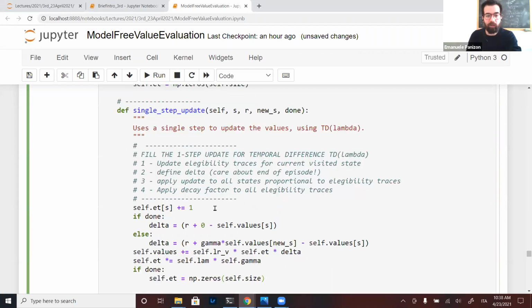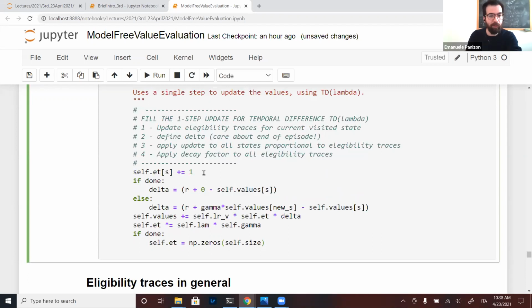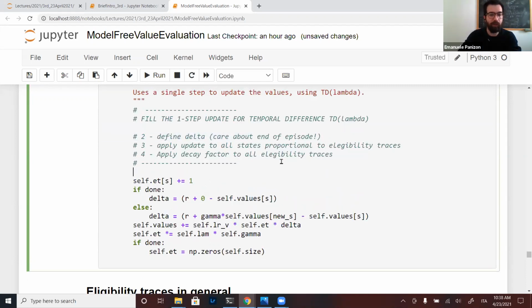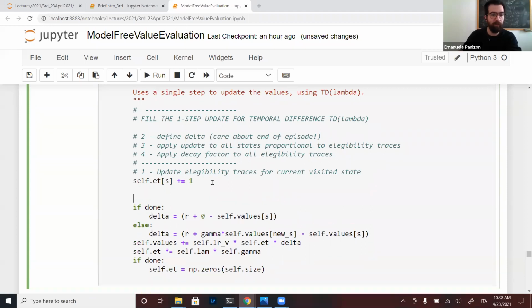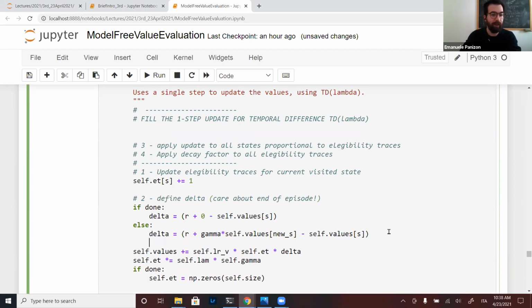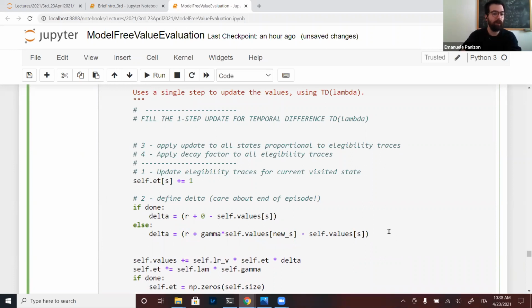This is, as always, super simple. I update the eligibility trace for the current visited state, self eligibility trace in the state S+1. I define lambda as before, and I take care that at the end of the episode, I don't have a value for the new state.